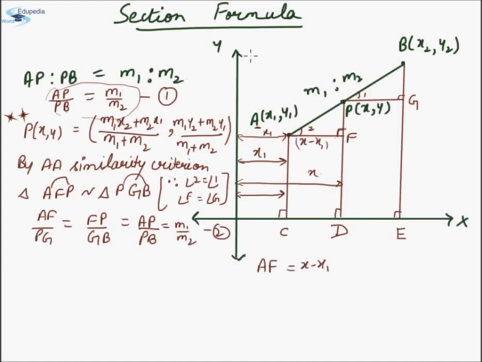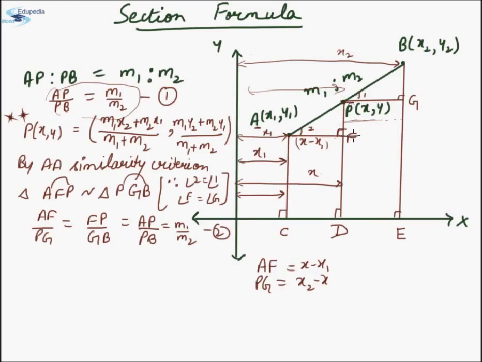Similarly, this complete distance will be x2. Thus this distance will be x2 minus this distance, that is x. Or we can say PG is equal to x2 minus x. Now again, this vertical length is y1 and this vertical length is y.